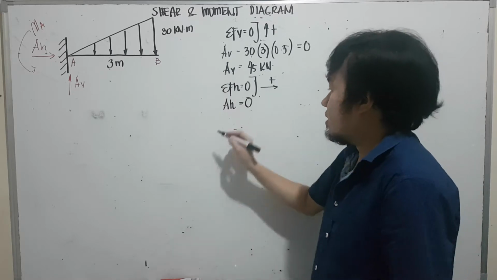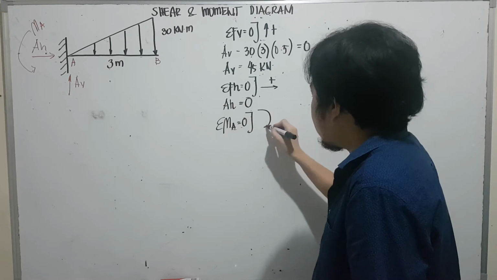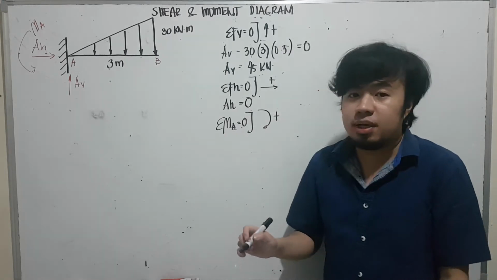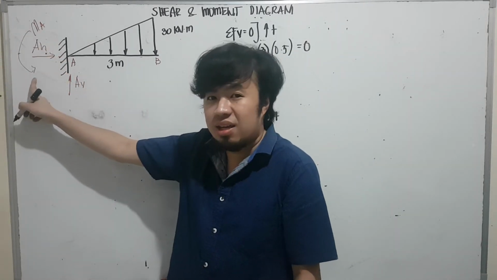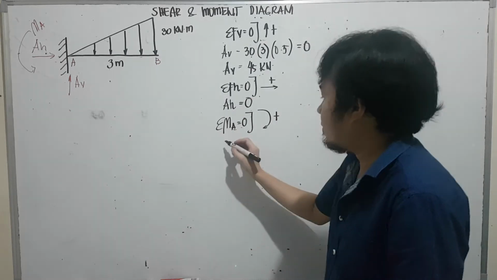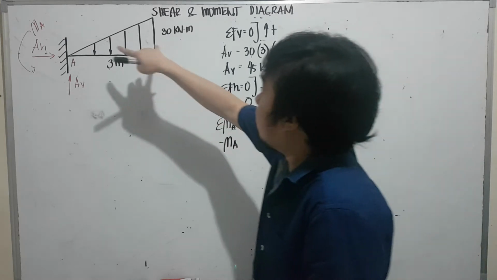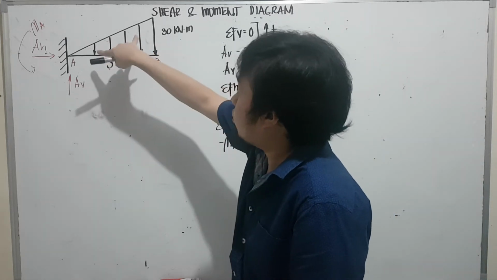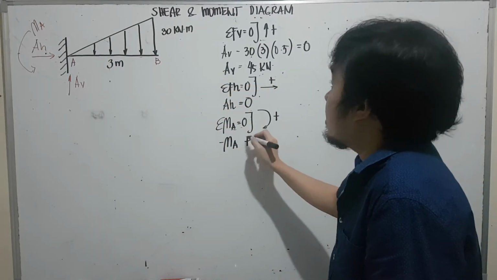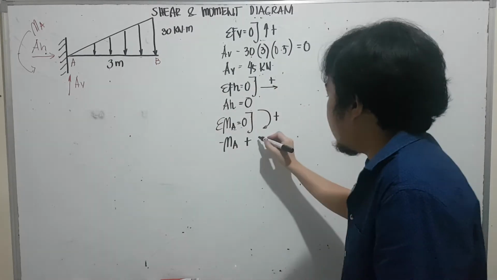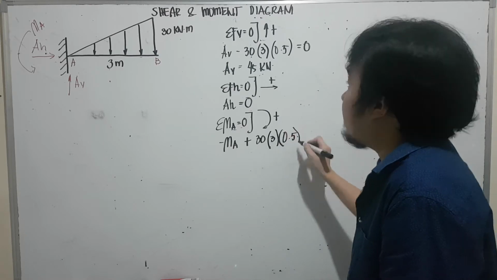Now to solve for the moment, summation of moment at point A is equivalent to 0. All forces that are going to rotate clockwise should be positive. So what are those forces? We have here an assumed direction of moment A to be counterclockwise. Therefore, moment A is negative. Then we have the uniformly varying load to rotate clockwise, so that is plus 30 times a base of 3 times 0.5 times the lever arm.